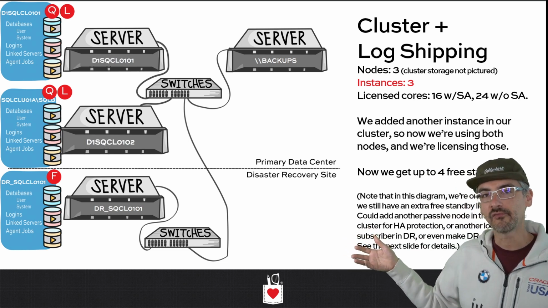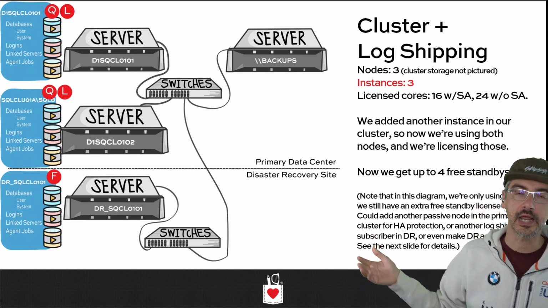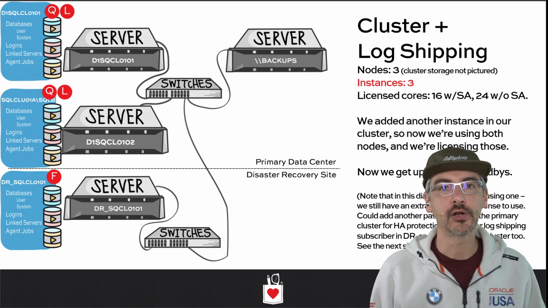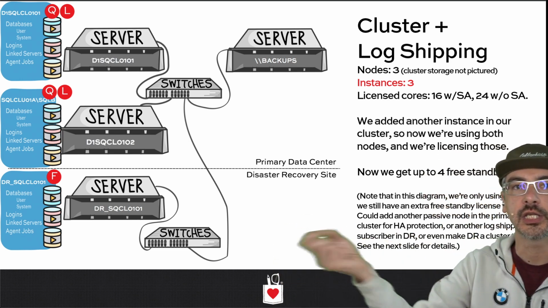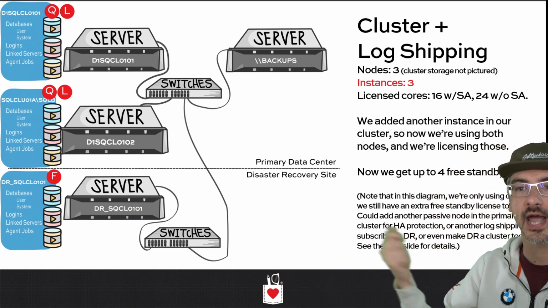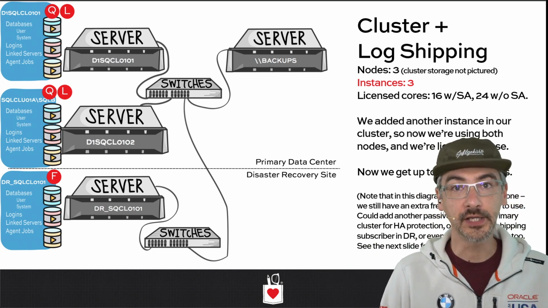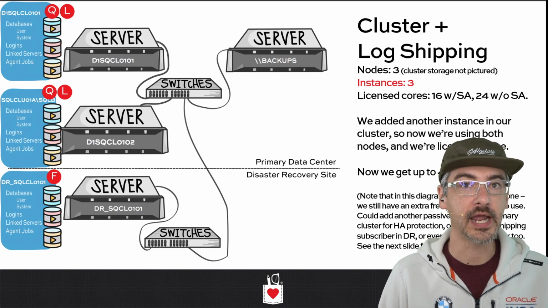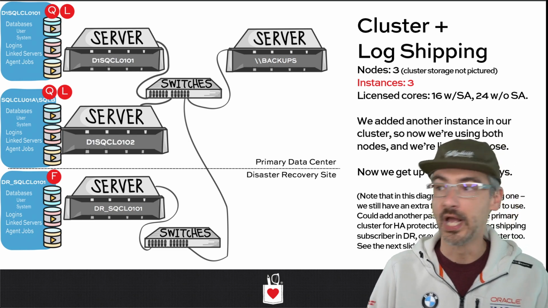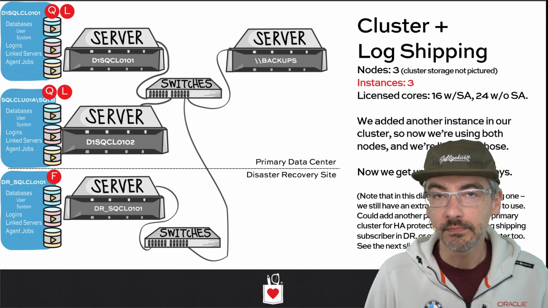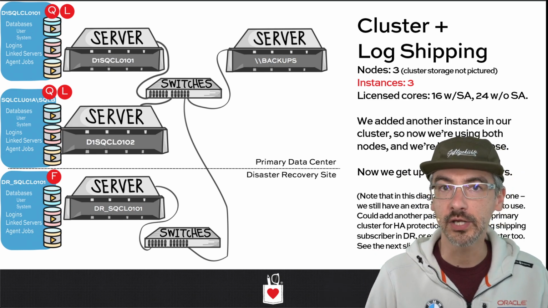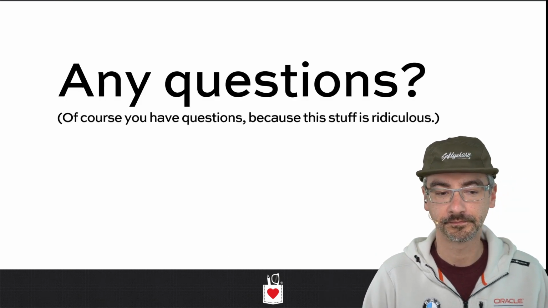And then we have one or maybe 2 or 3 instances over in DR that are just acting as secondary, continuously restoring those transaction log backups. This gets kind of expensive. It's a little bit harder to maintain because there's a whole lot of moving parts. But this, again, is an extremely common configuration for very large enterprises.